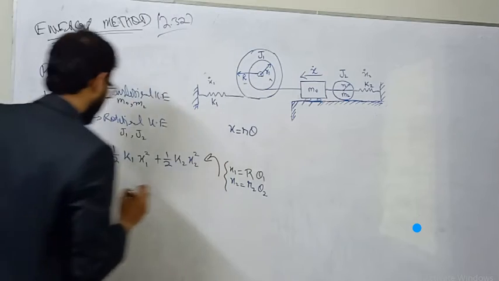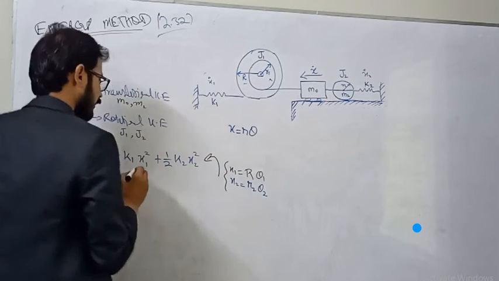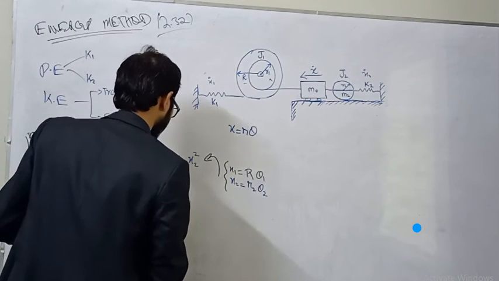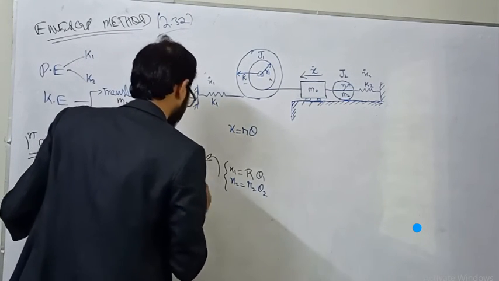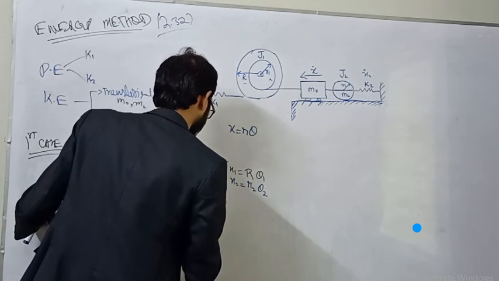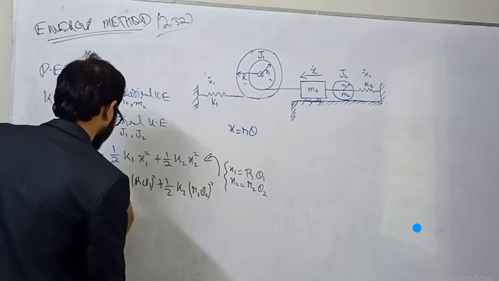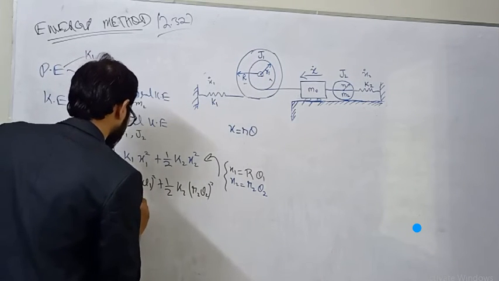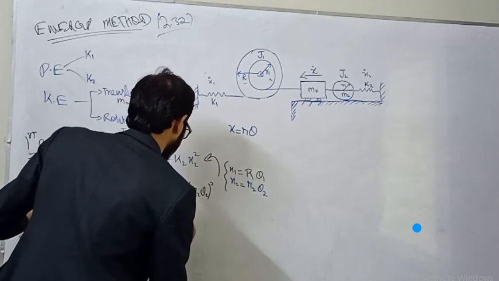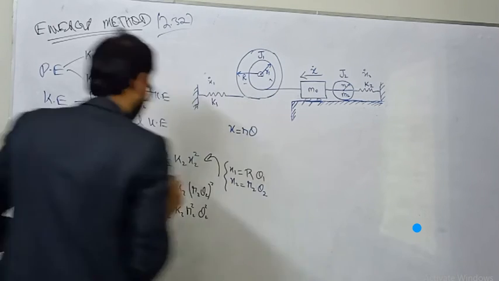So we will replace these elements in this equation, and finally we have potential energy is equal to half K1, and what we have S1, that is R theta 1 square, plus half K2 into S2 square, that is R2 theta 2 square. So what we have is half K1 R square theta 1 square plus half K2 R2 square theta 2 square.